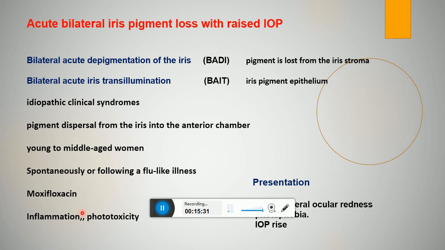There is acute bilateral ocular redness and photophobia, associated with IOP rise, and this is more severe and resistant in depigmentation of the iris.